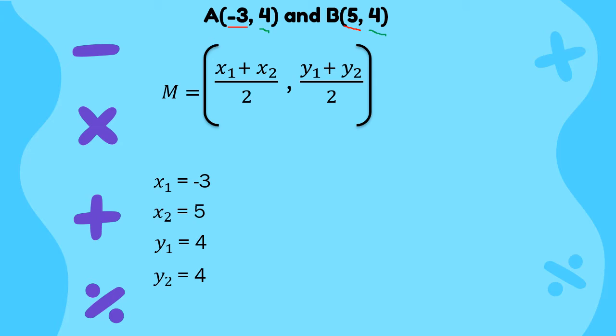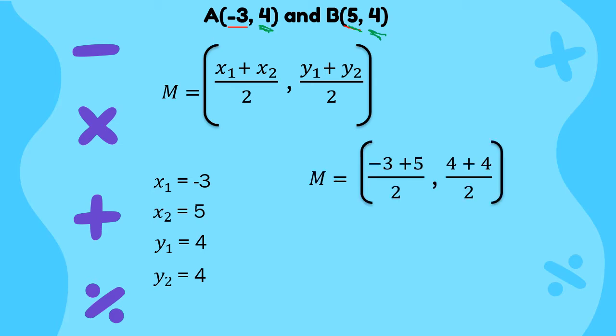So x sub 1 is -3 and x sub 2 is +5, y sub 1 is 4, and y sub 2 is 4. Next, substitute the value of x sub 1, x sub 2, y sub 1, and y sub 2 in the formula.